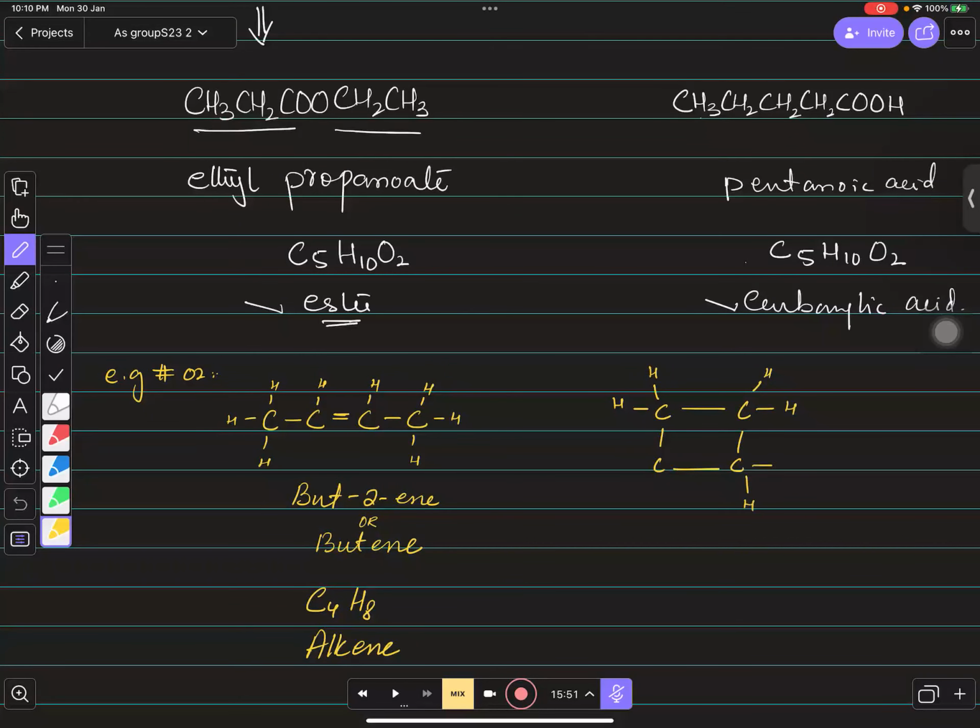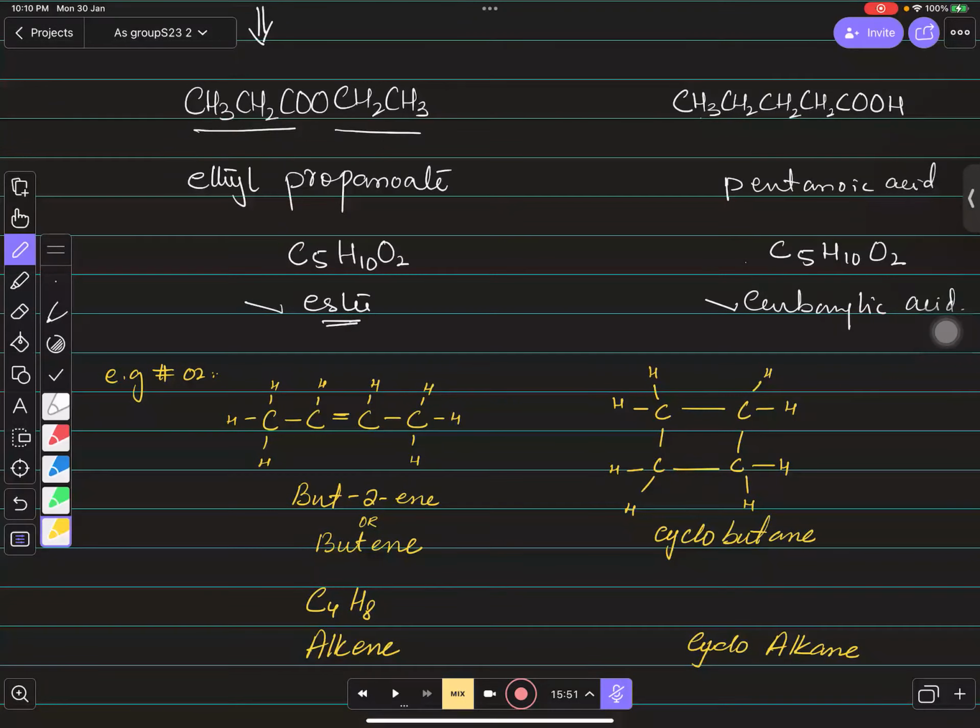This is a closed chain with only carbon single bonds, so it is considered an alkane. But as it is a closed chain, it is part of the cycloalkanes. So you can name this compound cyclobutane.